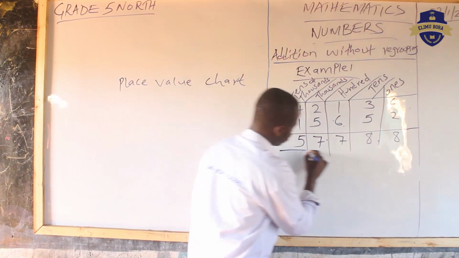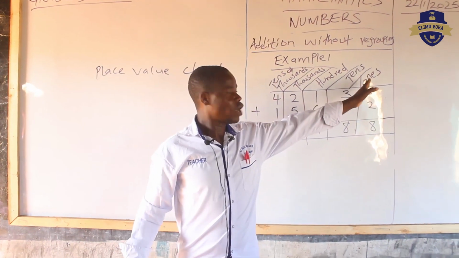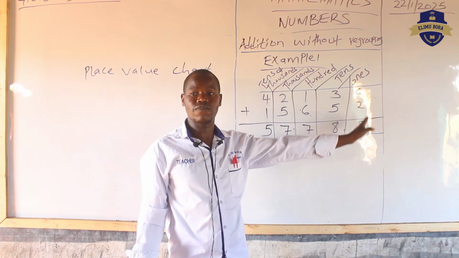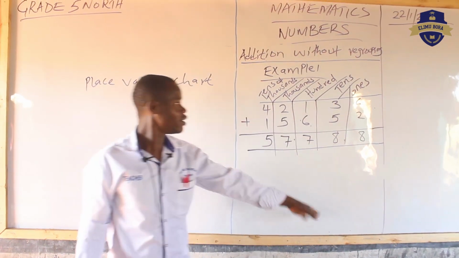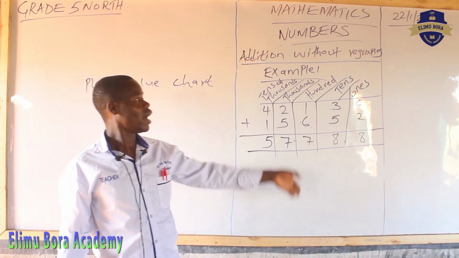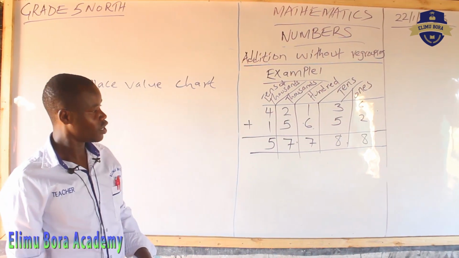So you will have your answer here. We have just added the column of ones, then the column of tens, then hundreds, then thousands, and after thousands we have tens of thousands.